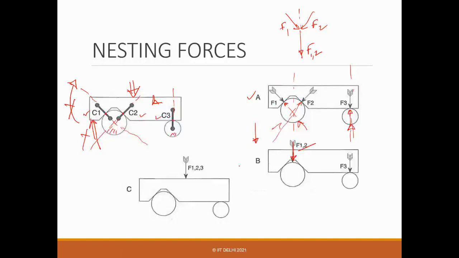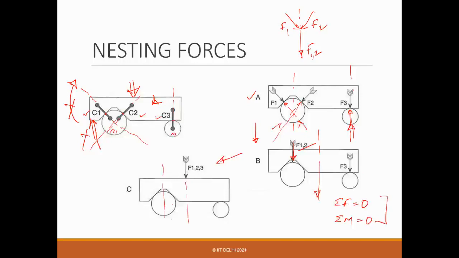And then if you have F3, now you move to this figure C. What happens then? You try to find the equivalence between F12 and F3. You can always find some resultant force. How do you do it? You do the static balancing. Please do that. If you do that, you will be able to find the position of this.